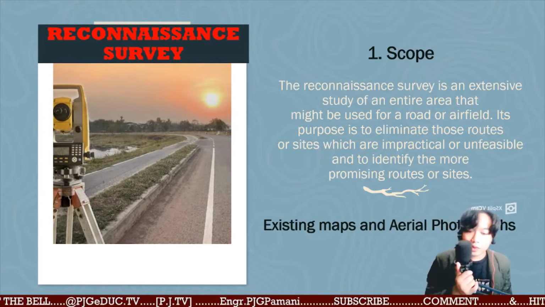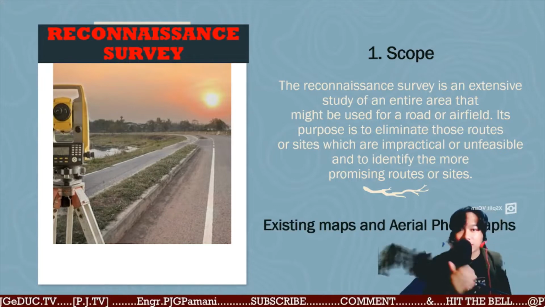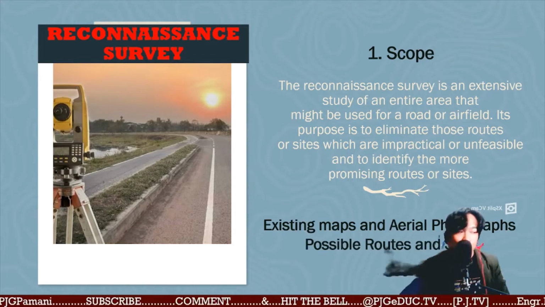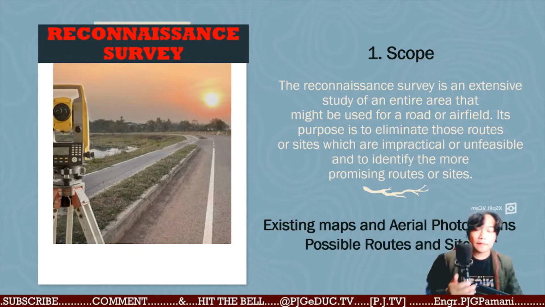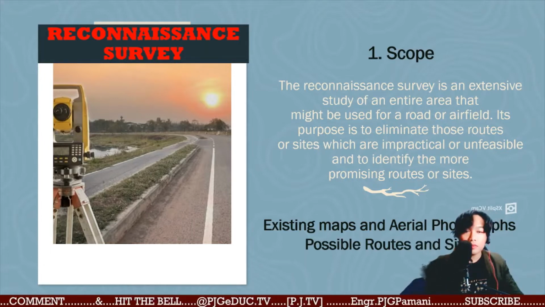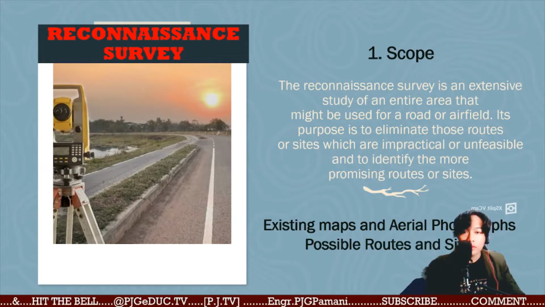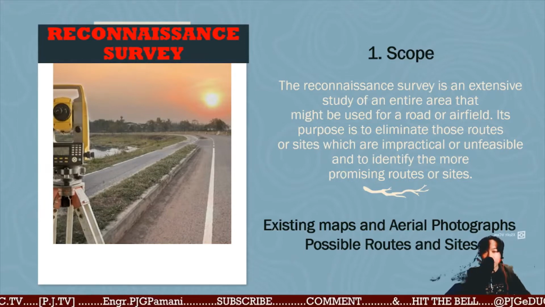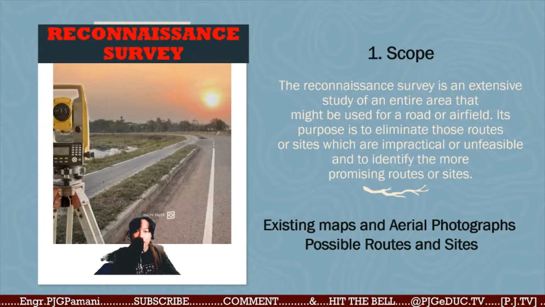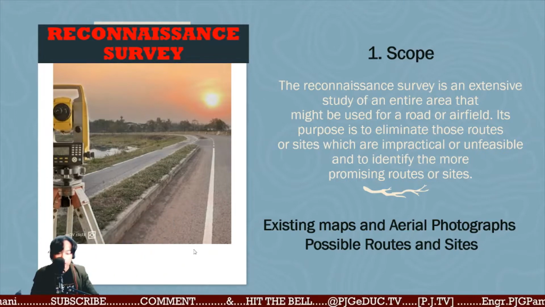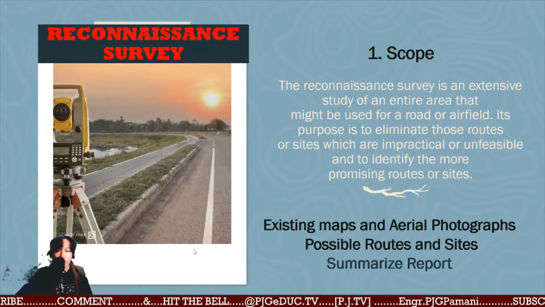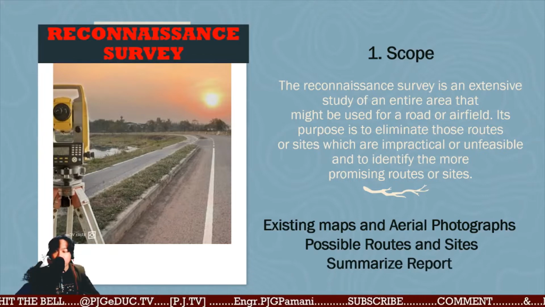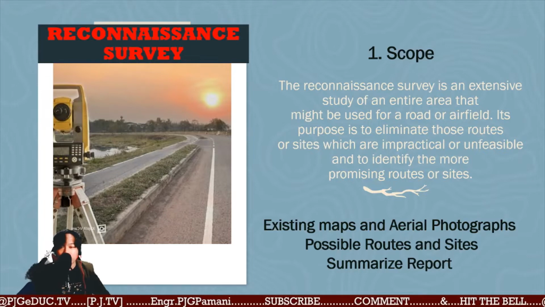For that reason, we also need to consider the existing maps and aerial photographs of such location, possible routes and sites, and lastly, a summarized report, so that we can provide a complete summarized report about this location.